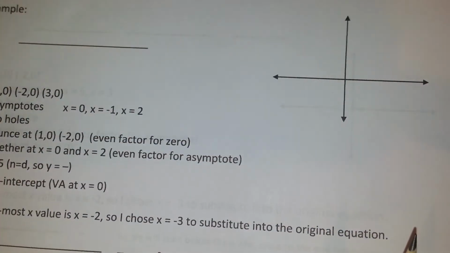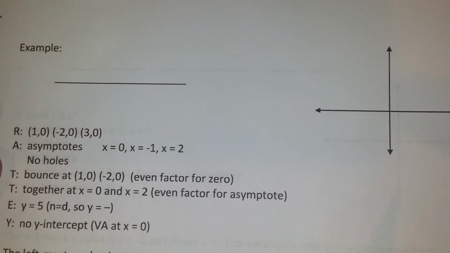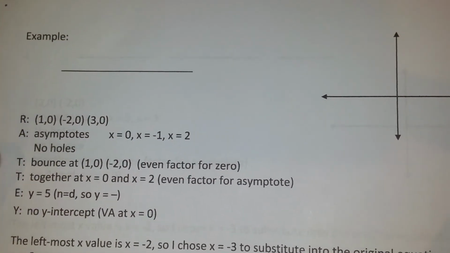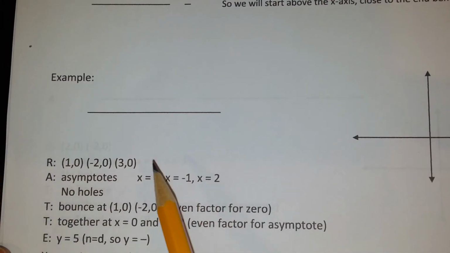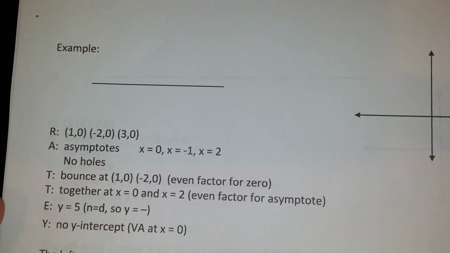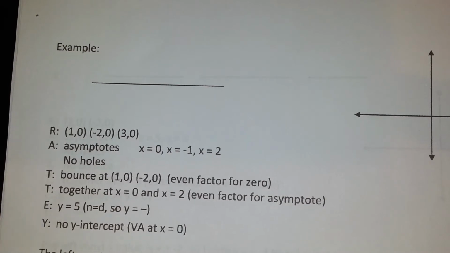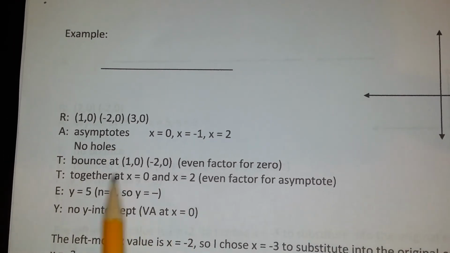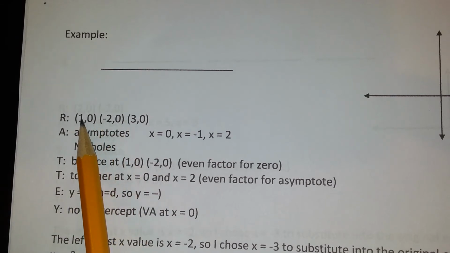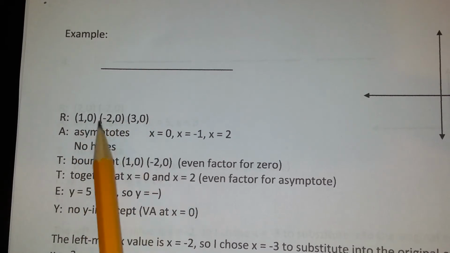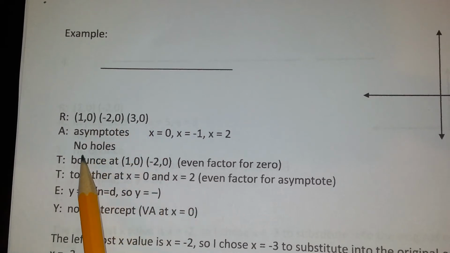Here's an example. This one's a little easier, but it doesn't have a denominator, so I'm going to skip to this one. All right, let's see, we've got 3 minutes, I'm doing well. Here's a graph where they gave us roots of 1, -2, and 3. These are my x-intercepts. Notice the y values are all 0.